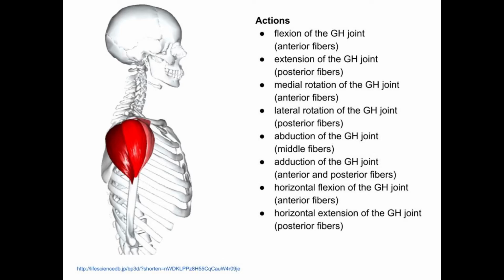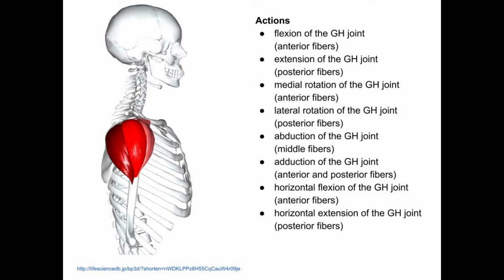If we start out of anatomical position, if we start flexing the shoulder at 90 degrees, then we also have the 2 motions of horizontal flexion, moving the arm towards the midline of the body in the transverse plane of the body, or horizontal extension, moving the humerus away from the midline of the body in the transverse plane of the body.